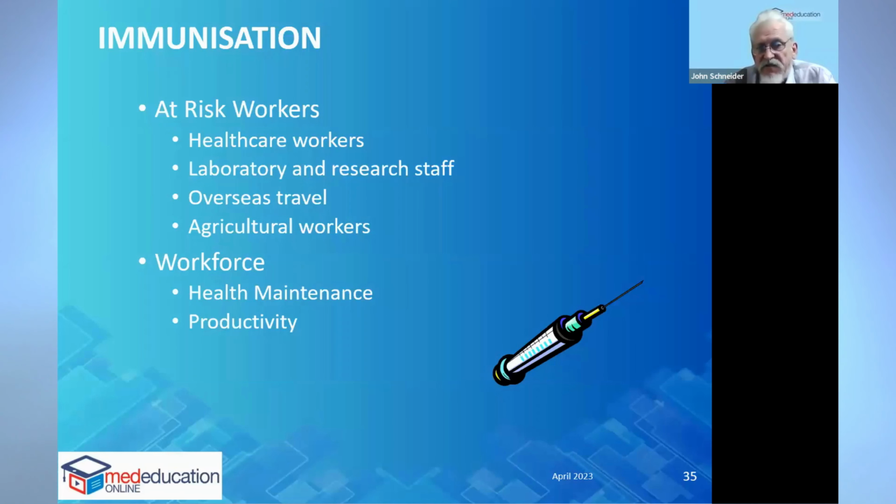Travel overseas as part of a person's job, they may be going to areas where other sorts of communicable disease are present, or the other situation is agricultural workers, particularly things like exposure to zoonotic medical conditions that may be carried around and spread by animals that they come in contact with. And all that, if we're looking at that, is looking at health maintenance and productivity of the workforce, and immunisation is a good example of that. Next one.